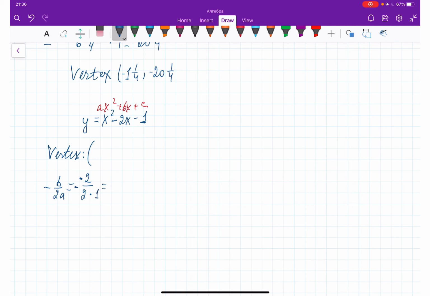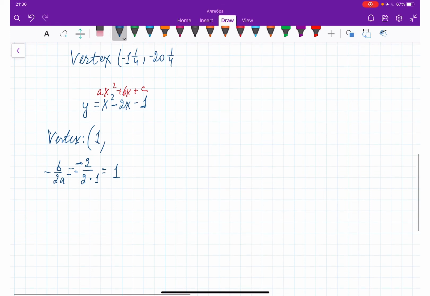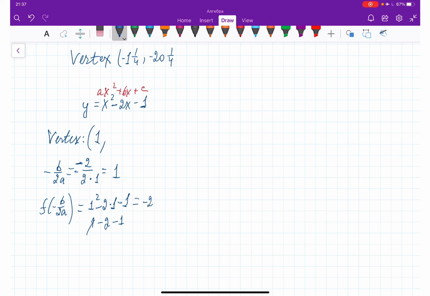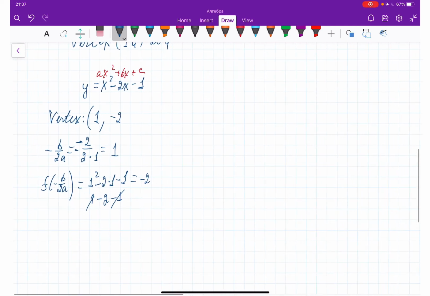So it's going to be positive 1, because negative, negative is positive. So this is 1. And if we plug 1 into f of negative b over 2a to find y for the vertex, it's going to be 1 squared minus 2 times 1 minus 1. Let's see, 1 minus 2 minus 1 is going to be equal to negative 2. So negative 2. Okay.